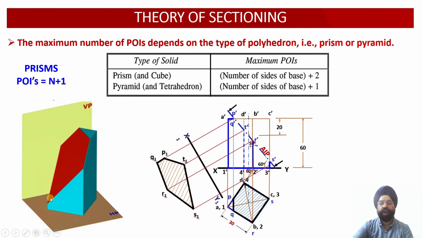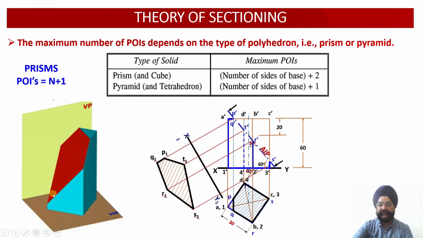Then you would have got 6 points instead of 4. That example also I will be showing. So n plus 1 will be there in case of prisms when my cutting plane is cutting n minus 1 vertical edges and it is cutting either the top surface or the bottom surface.